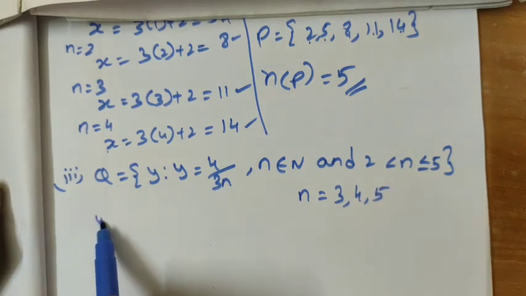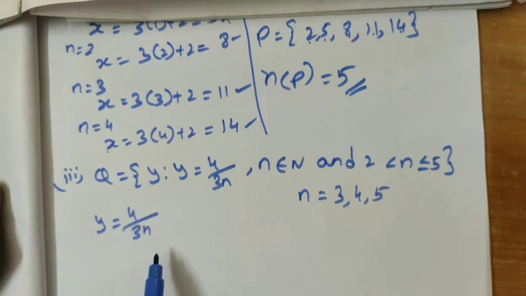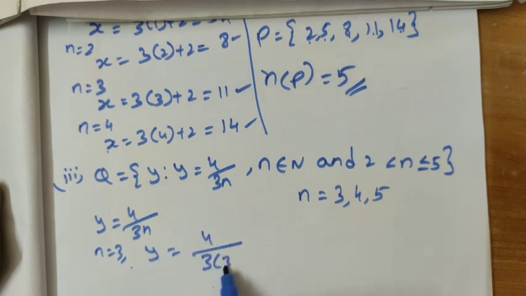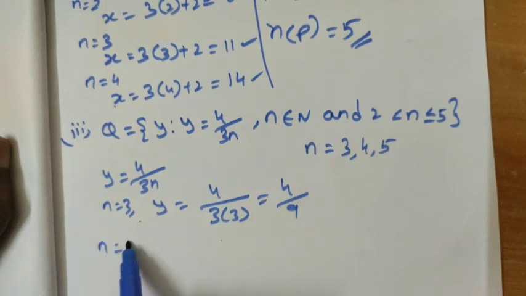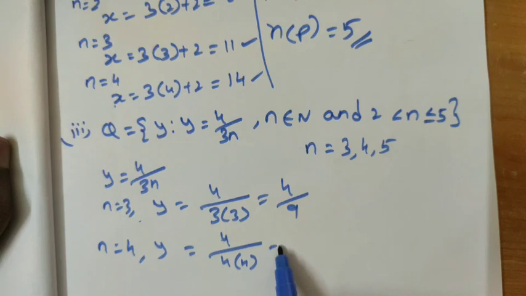So, y is equal to 4 by 3n is the condition given. When n is equal to 3, what do you get? y is equal to 4 divided by 3 into 3, which is 4 by 9. And then n is equal to 4, y is equal to 4 by 4 into 4, which is 4 by 16.